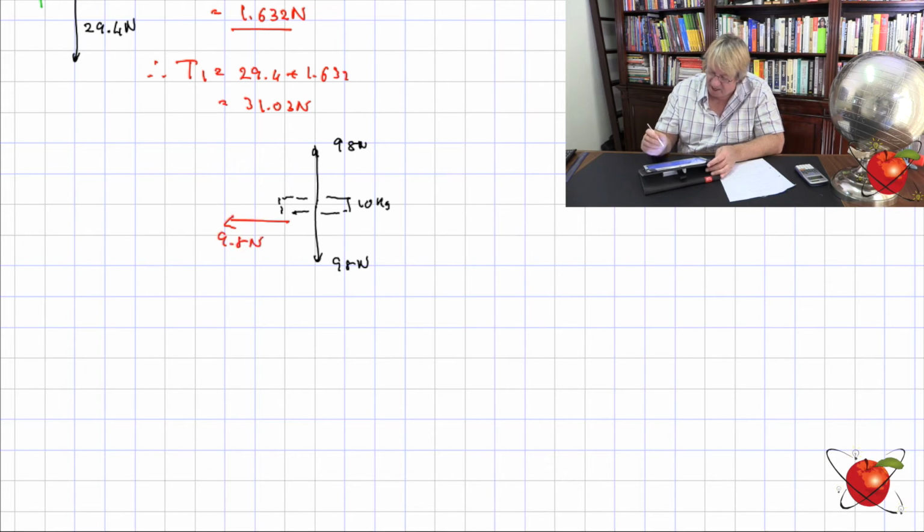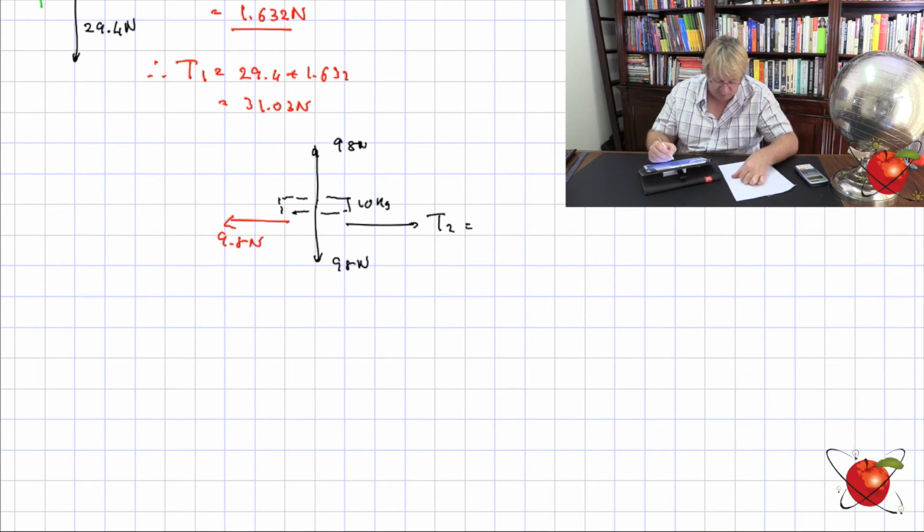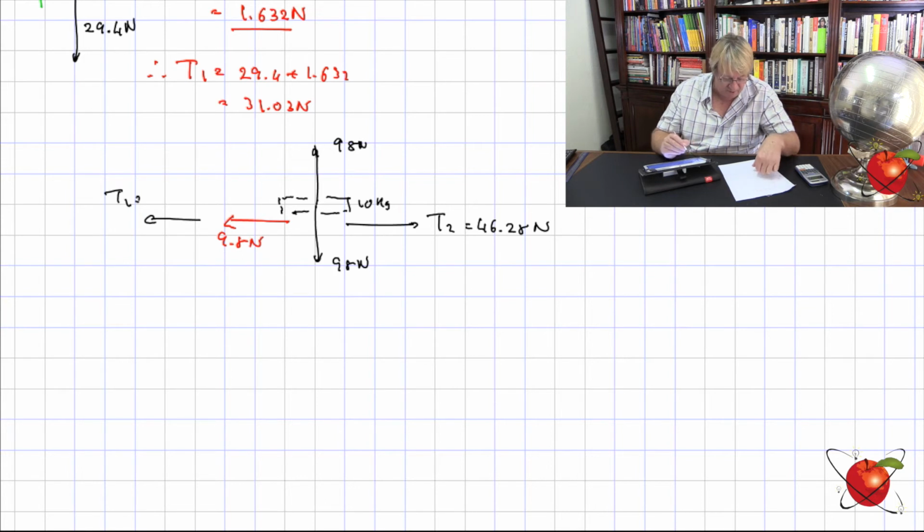Right? Now, let's just fill it in. What forces are this way? Well, this way we've got a T2 equal to 46.28. There it is. This way we had a T1, and that was equal to 31.03.